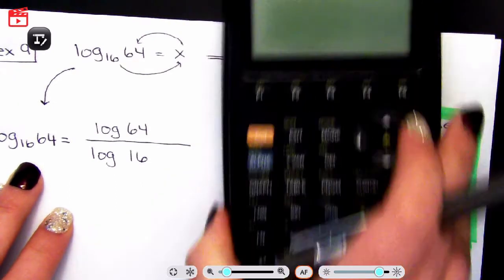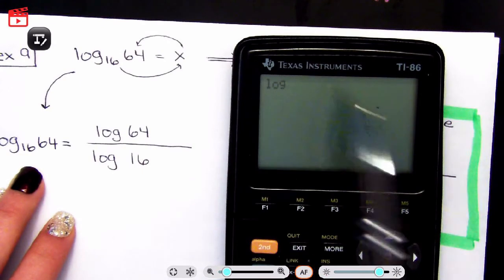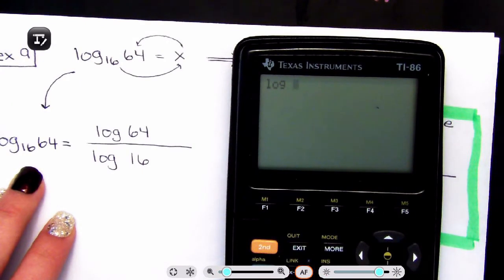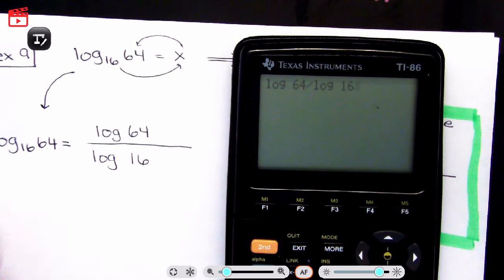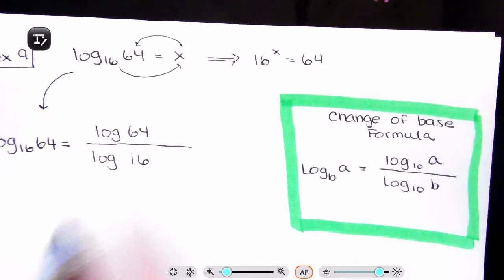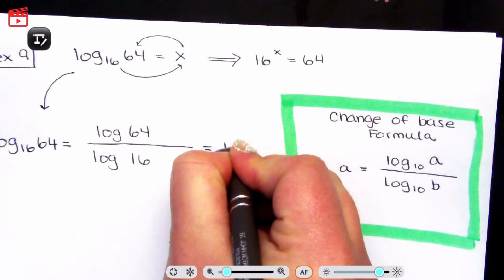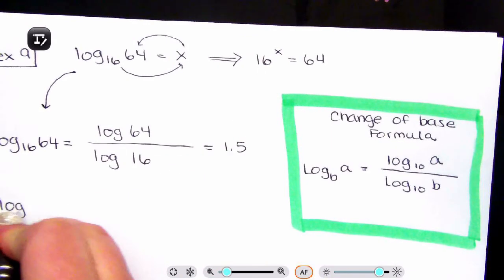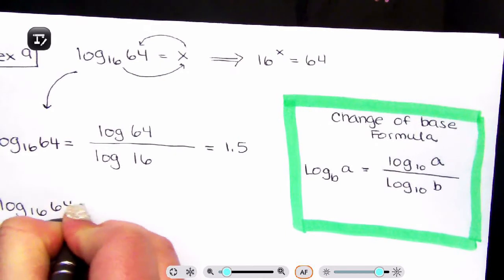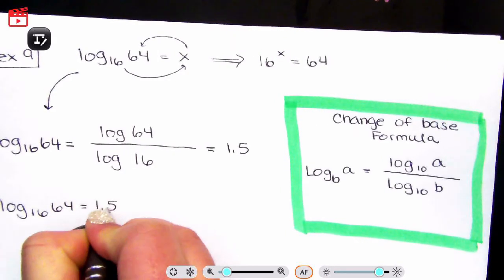Notice I don't have a base on my log. That is because it is common. It is always 10. Log base 10 of 64 divided by log base 10 of 16. I'm going to press enter, and that gives me 1.5.